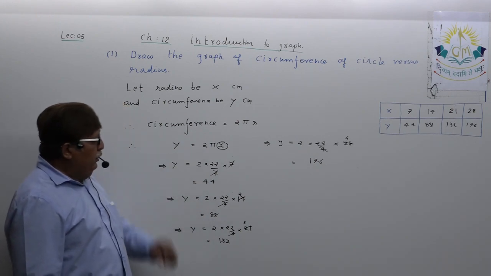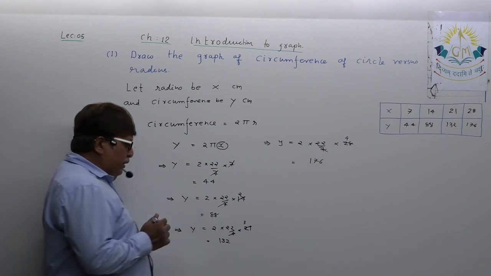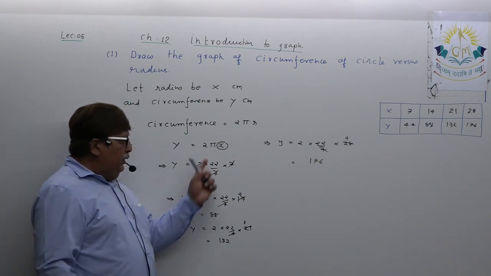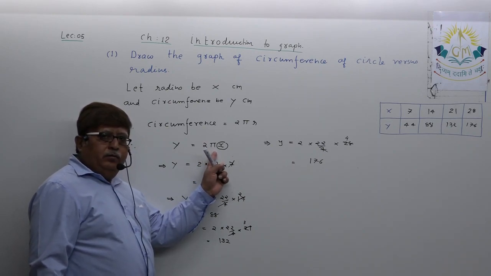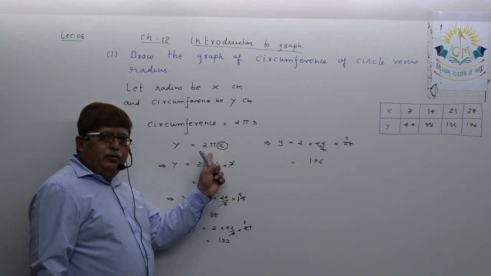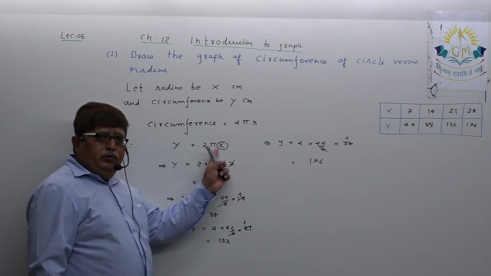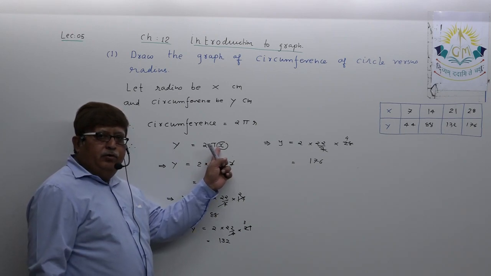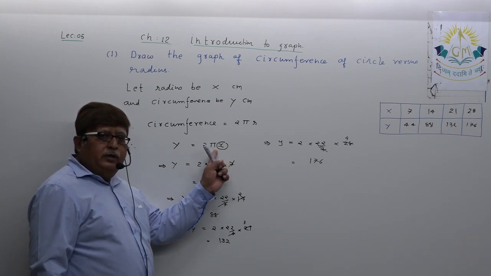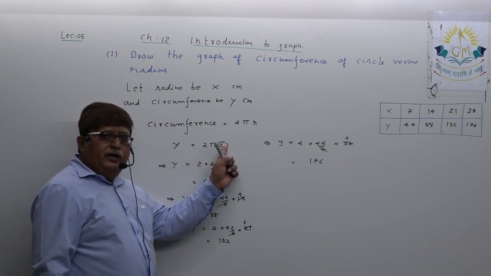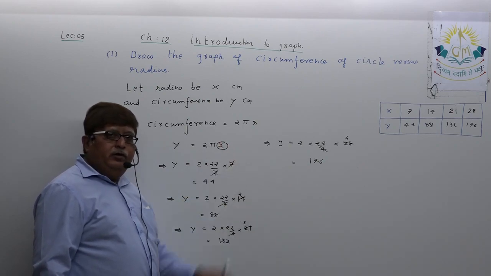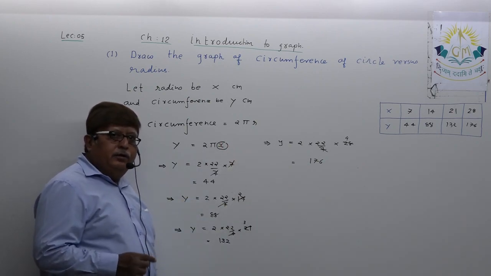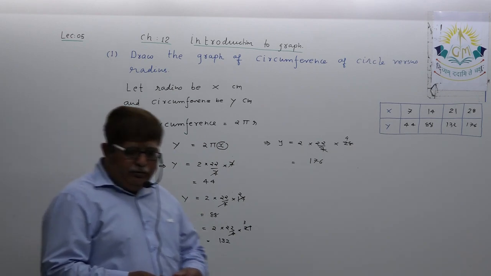In the equation there is pi whose value is 22 upon 7. You should select the value of x in such a way that it can be easily cancelled by 7.